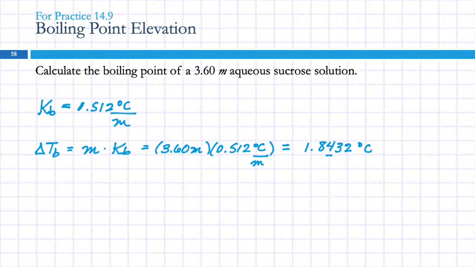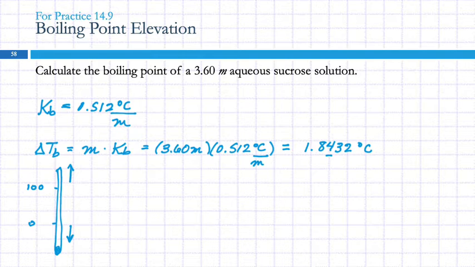So that's the change in the boiling point, right? And again, it might be most helpful to think about a thermometer. And so this is water, right? And so it boils at 100, freezes at 0. And the boiling point goes up, the freezing point goes down.